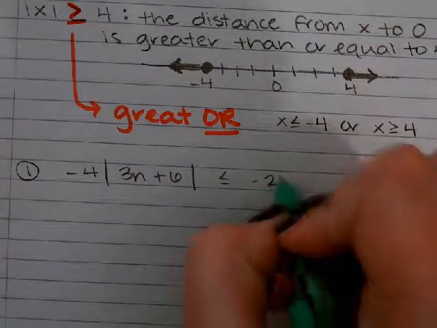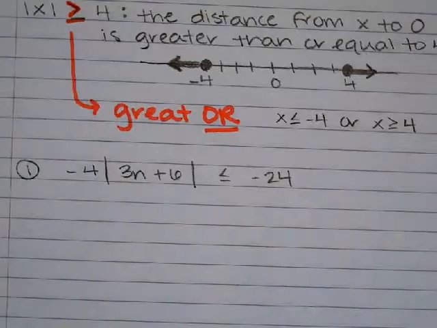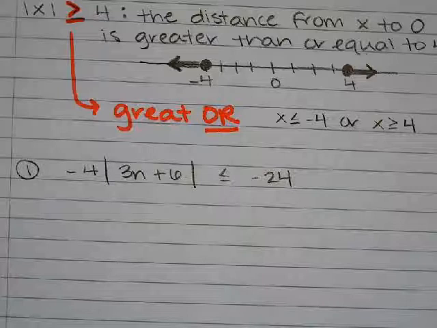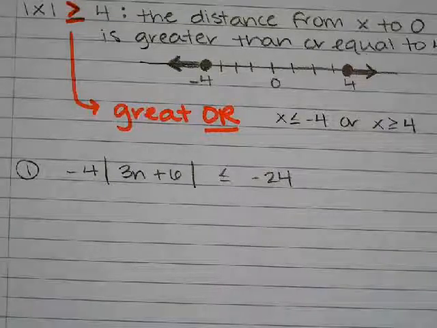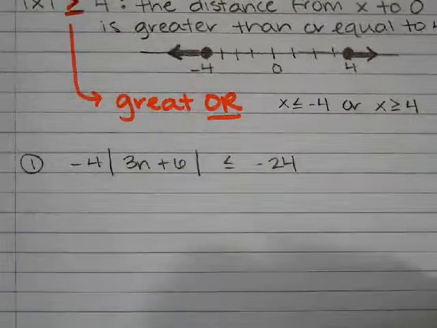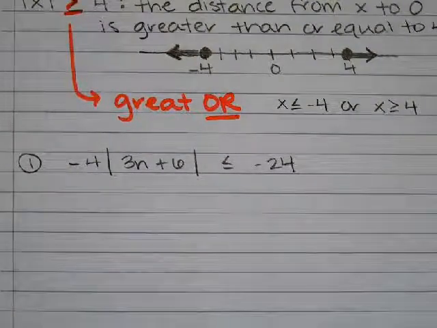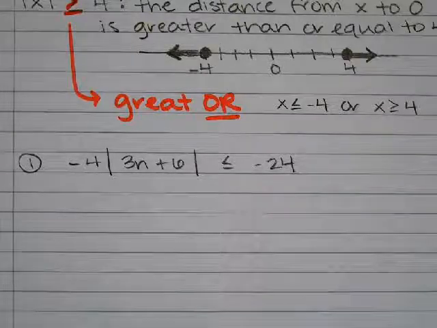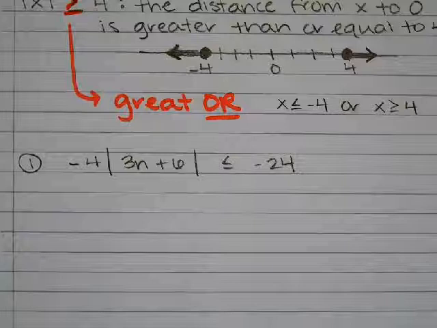So we are still going to be looking out for that, because we could have those no solution answers. Now, I do not look at the problem in the beginning to see if it's greater or less than. I have to get the absolute value sign completely alone first. So the fact that I have the -4 in the front tells me I should not even be caring what the inequality symbol is yet.